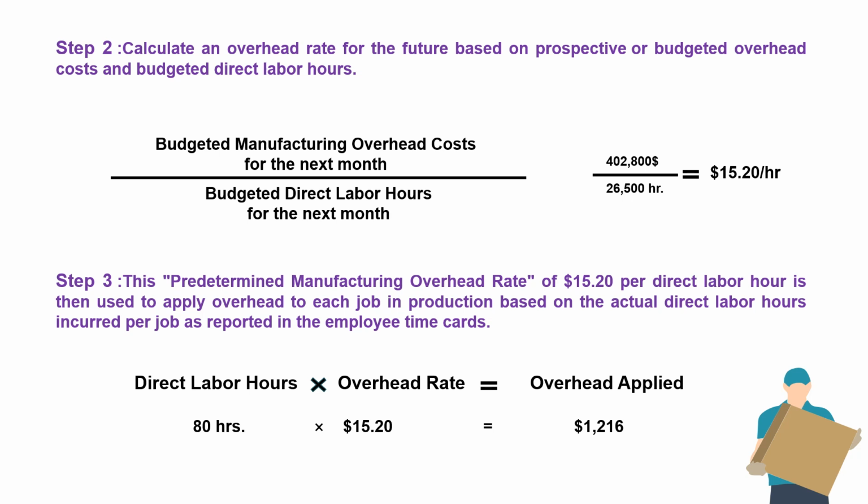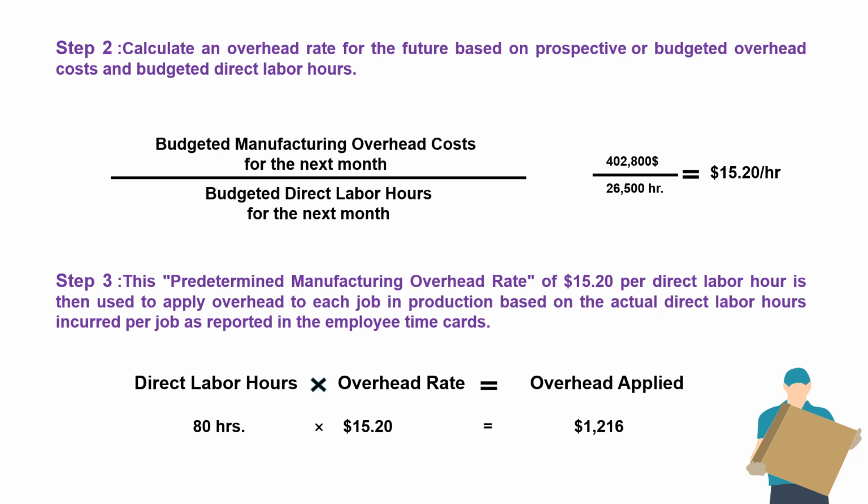This is our predetermined overhead rate, which is sometimes referred to as a factory overhead rate or just an overhead rate, that runs at $15.20, or at least that's what we anticipate for the next period. The next step is how we use it.